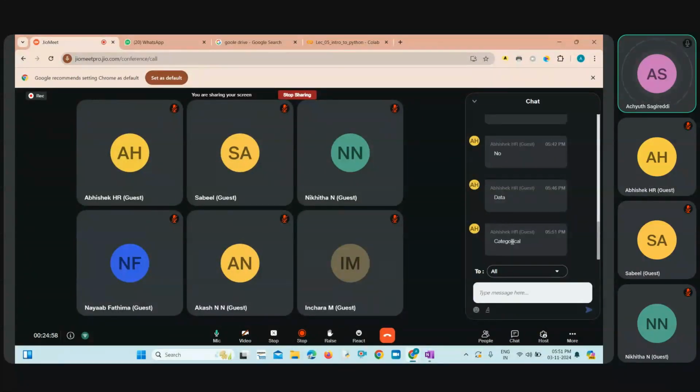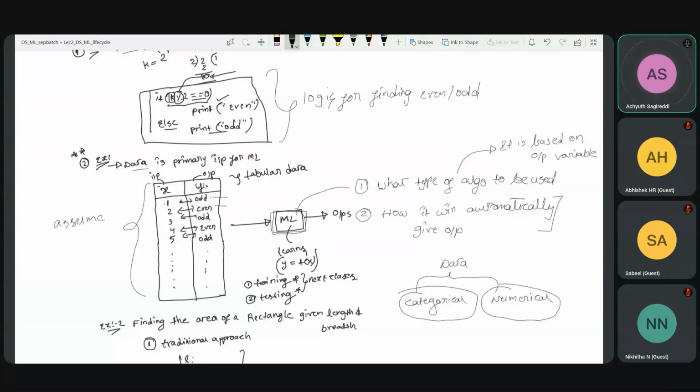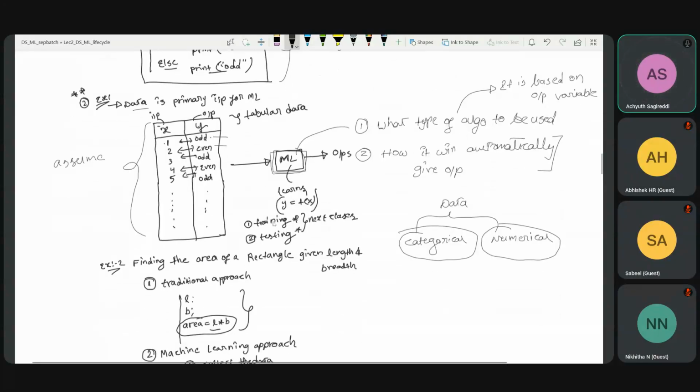Absolutely. So Y is a categorical variable. For that, we have to use some machine learning algorithms that are used for categorical data. We'll see what the algorithms are, and what the algorithms are for numerical data. We'll see all that.